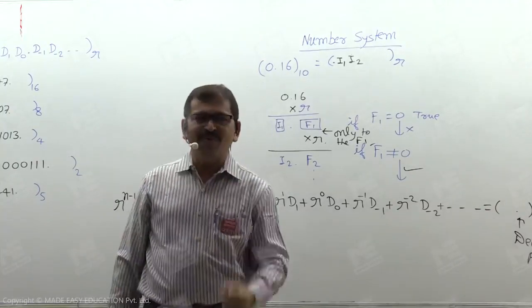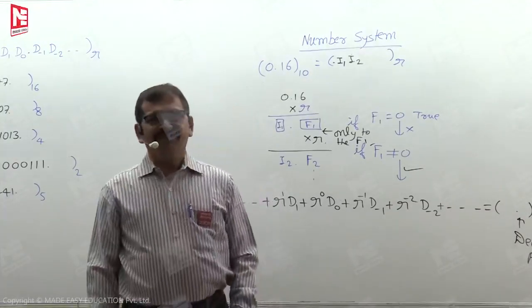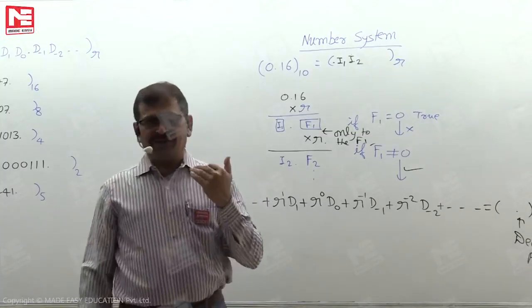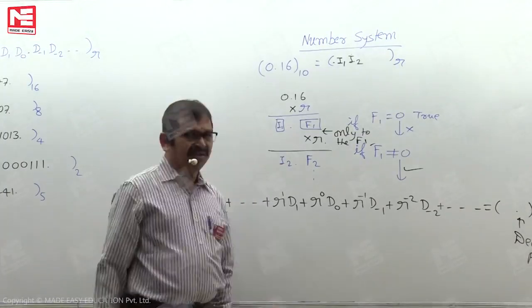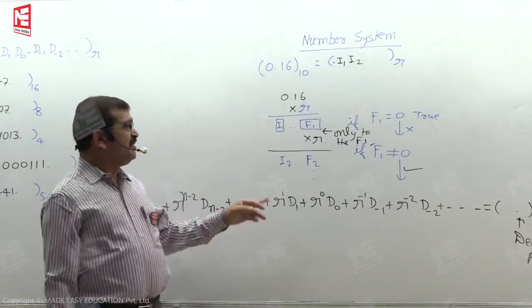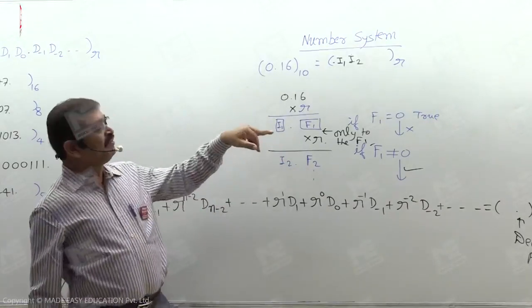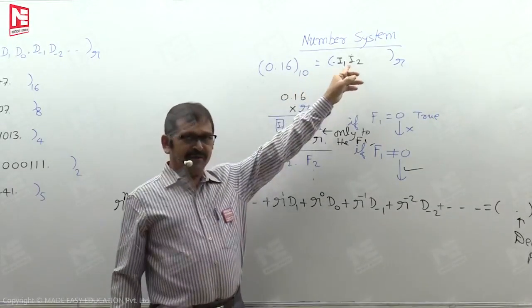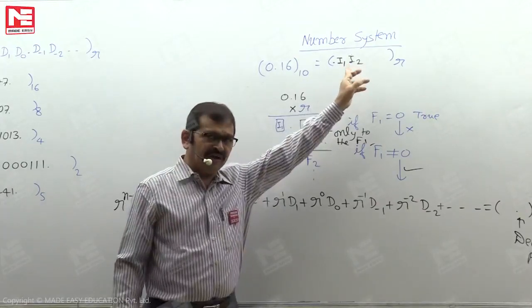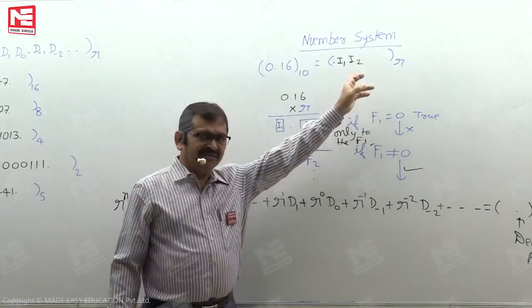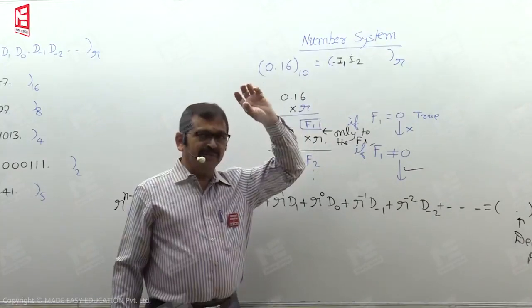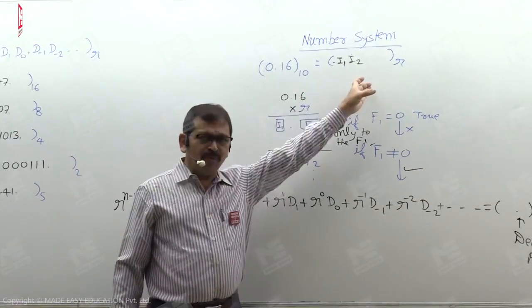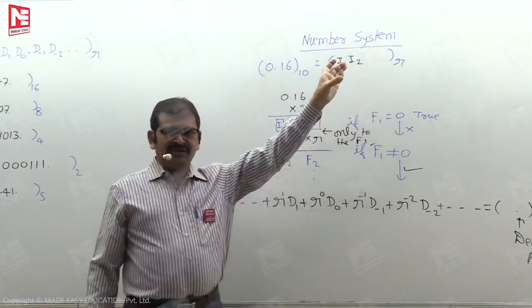Each multiplication produces one digit after the radix point, so for more accuracy we need more multiplications.